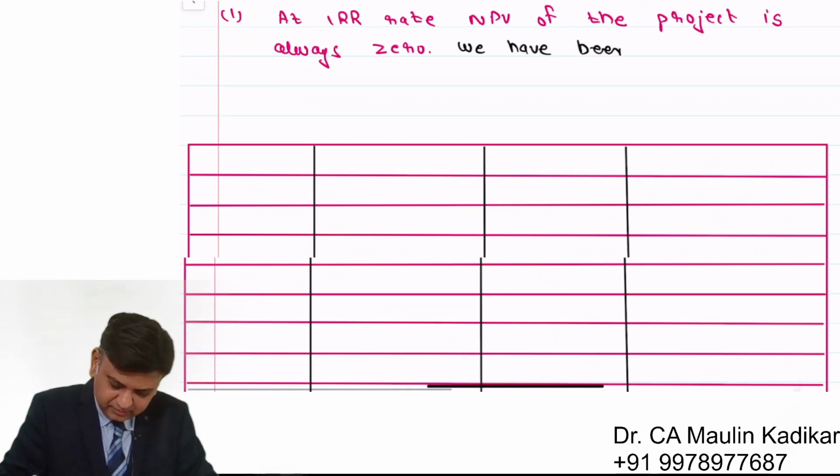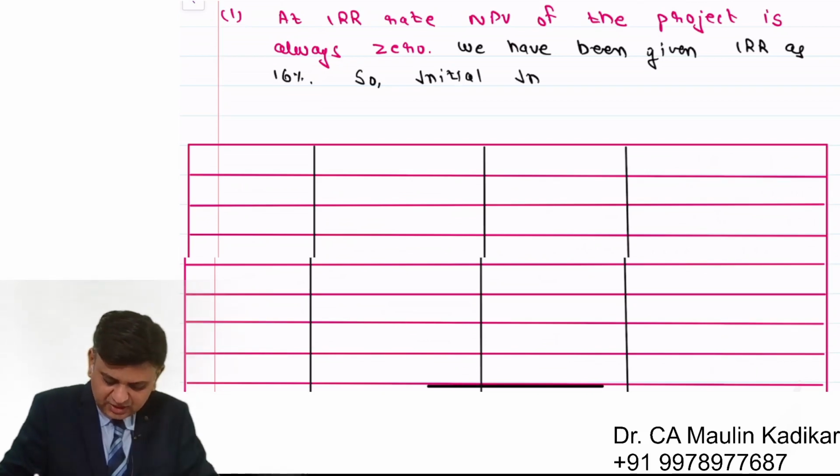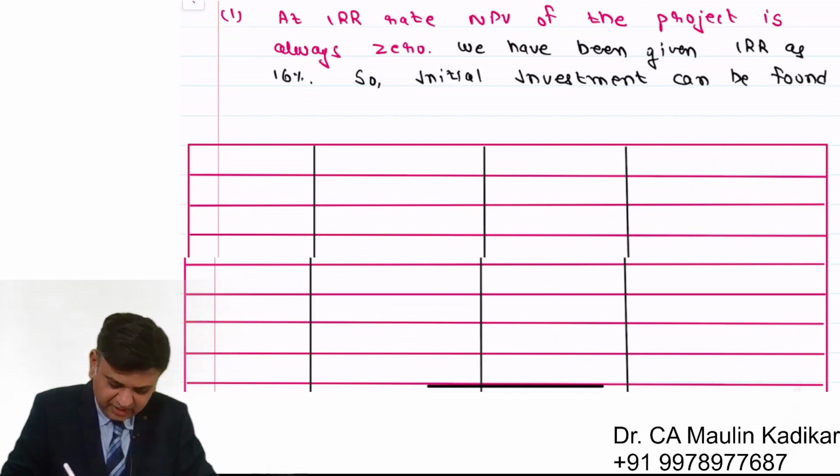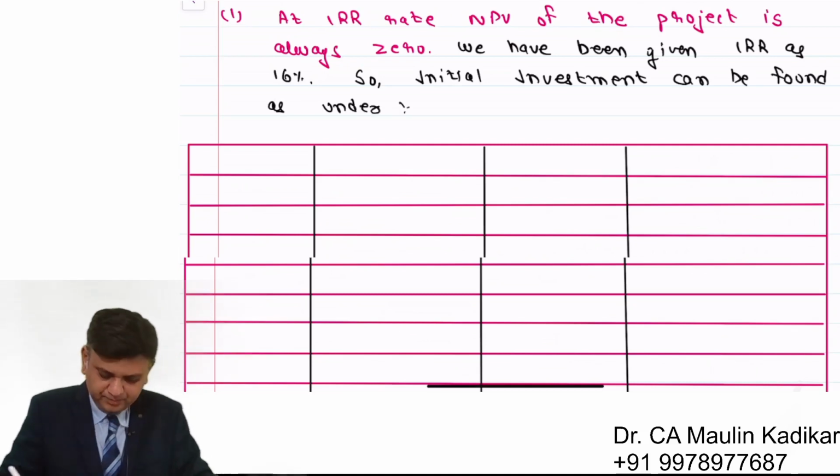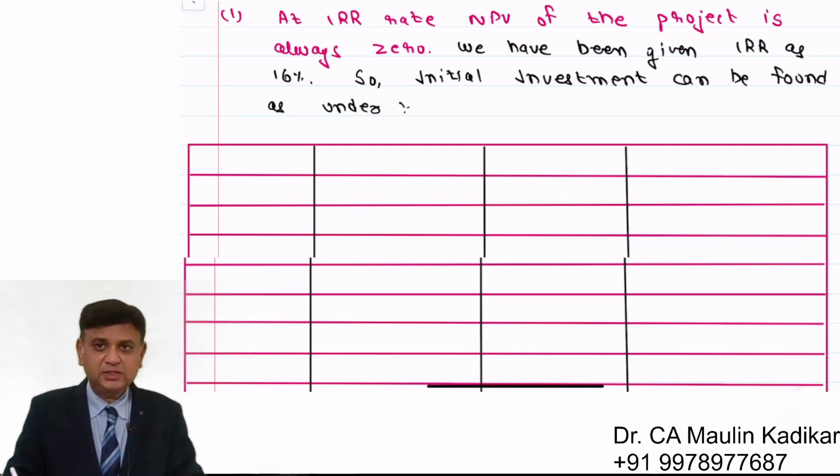We have been given IRR as 16%. Full stop. So initial investment can be found as under. I request all of you to write an answer.